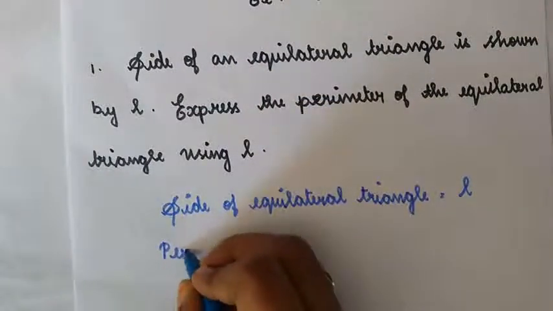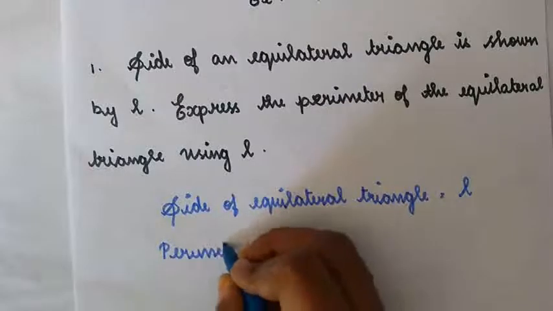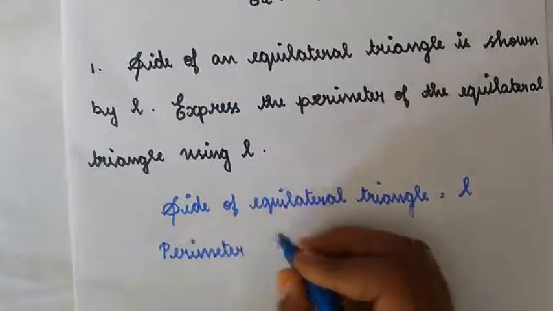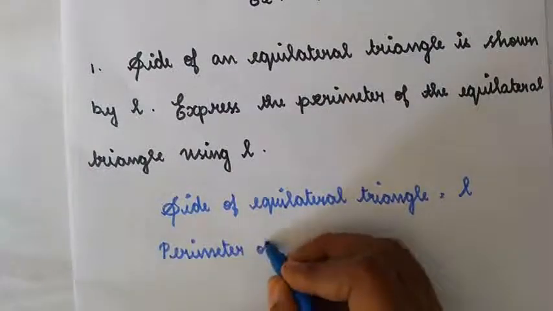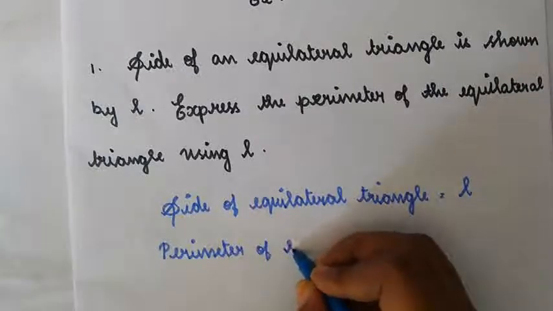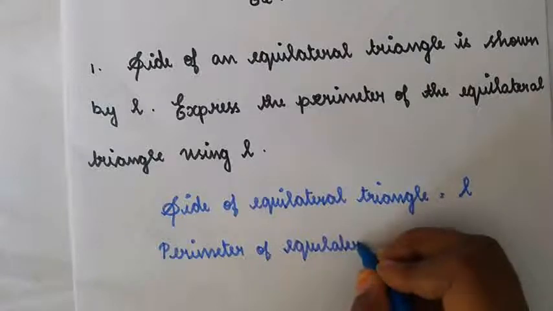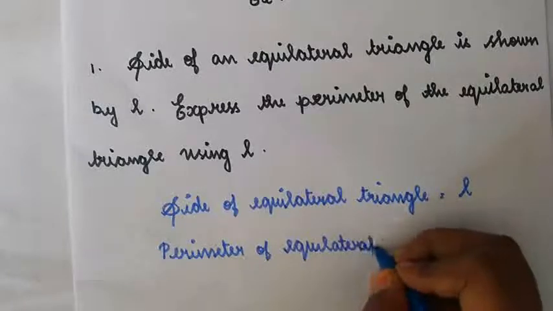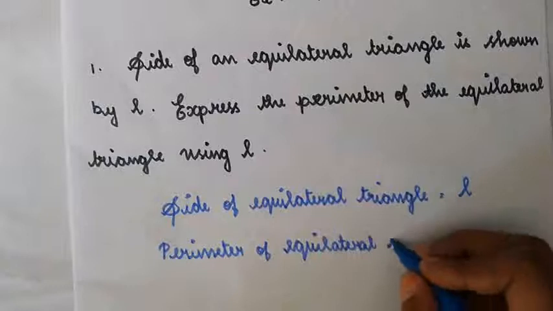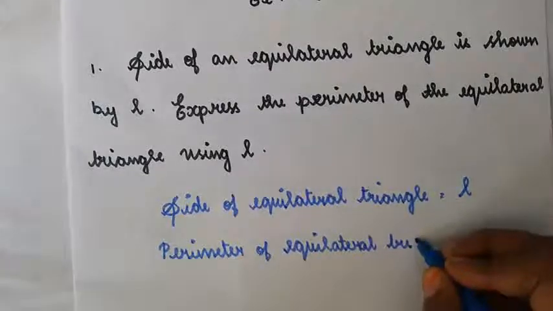What do you mean by equilateral triangle? Equilateral triangle means three sides are equal. Here given is the length of one side is L.